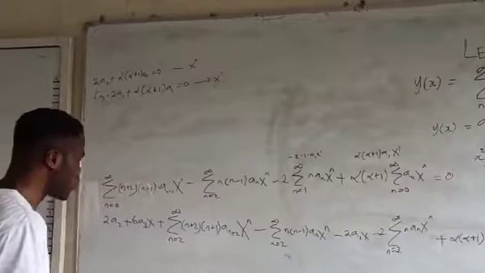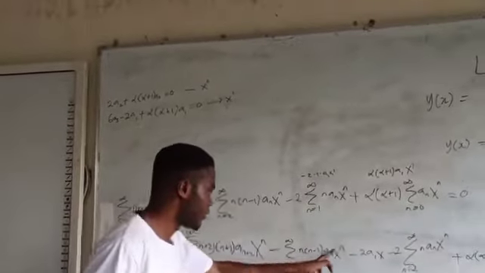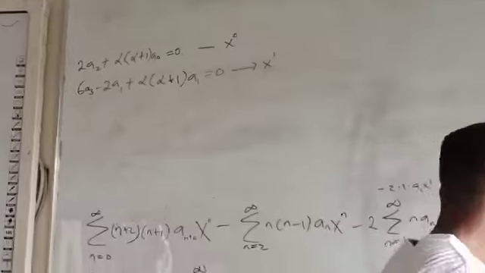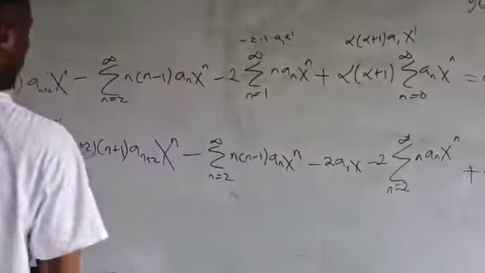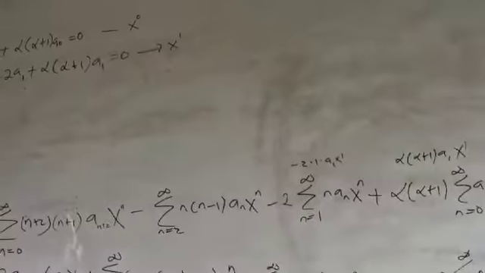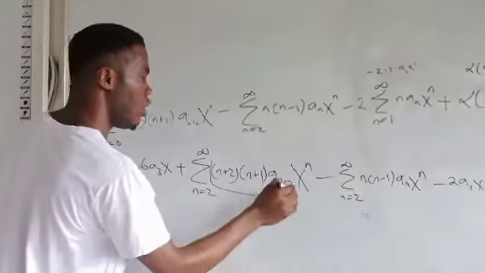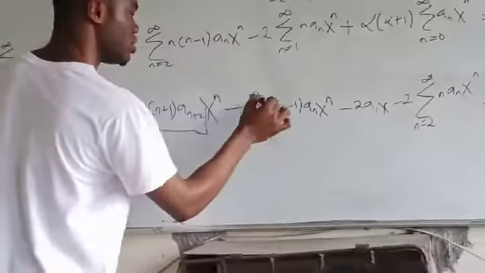So the next one is when x is raised to the power of n. When x is to the power of n, the only thing I'm going to take from there is the coefficients of all the terms.